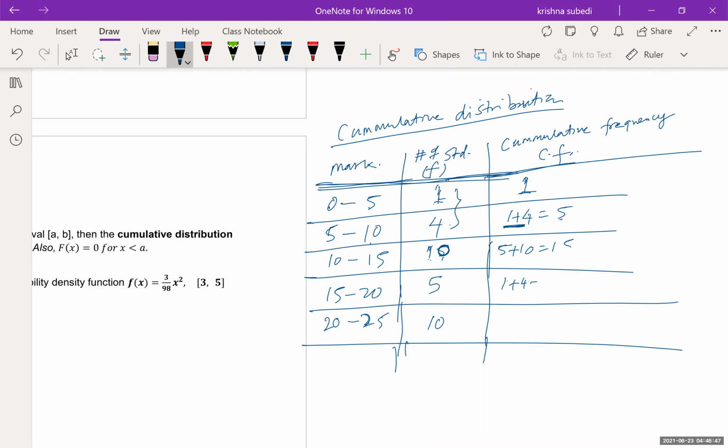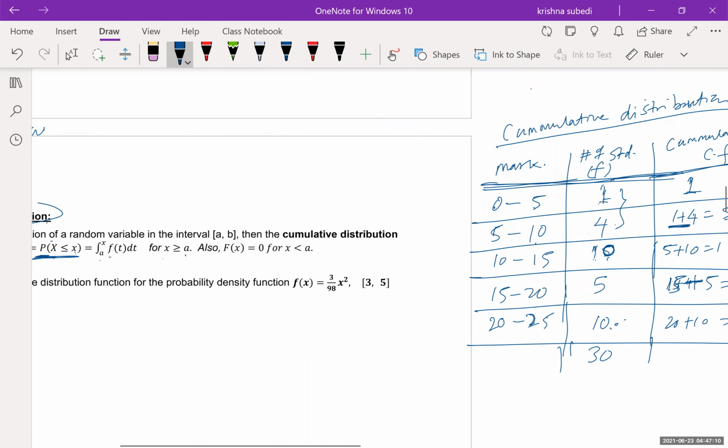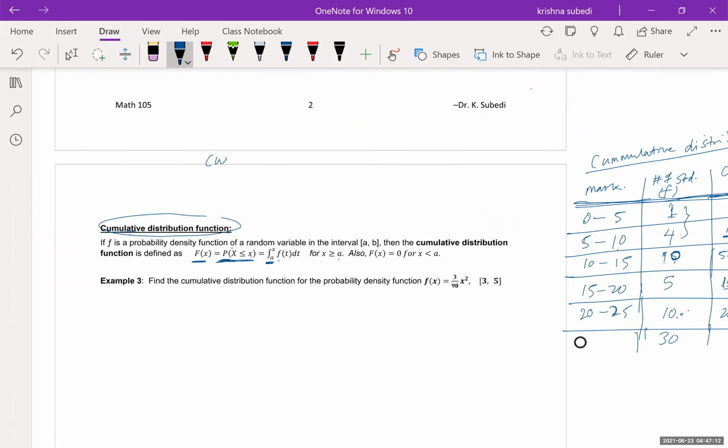Now you have 15 plus 5, which is 20. Now you have 20 and 10, so you add them too: 20 plus 10 is 30. So the total number of students in the class is 30. Now, for the cumulative distribution, let's look at this: the lower limit is fixed.